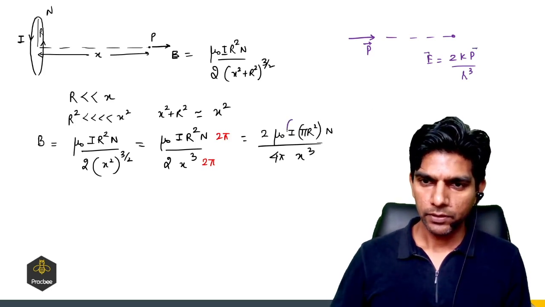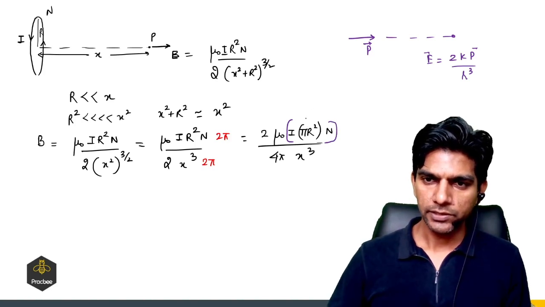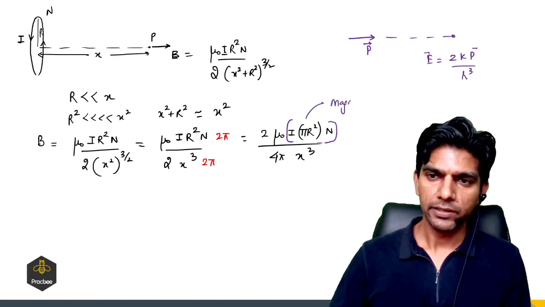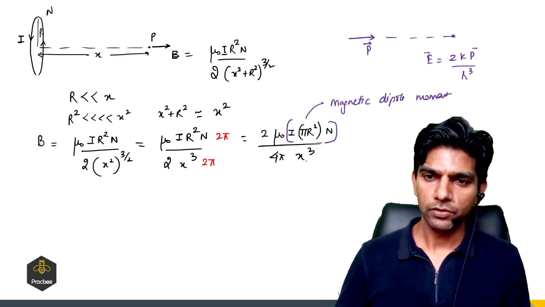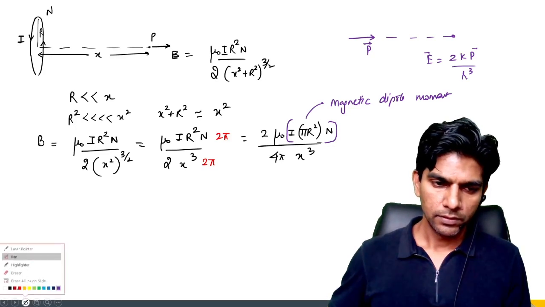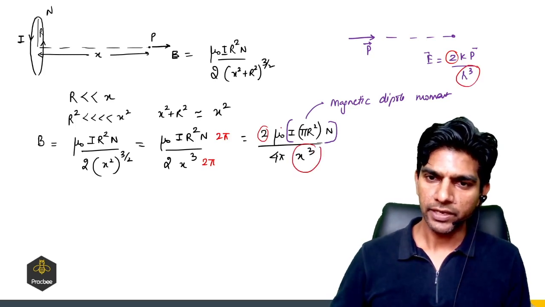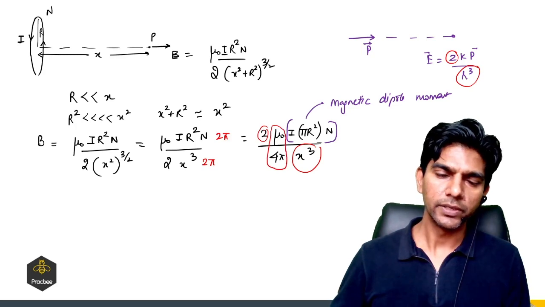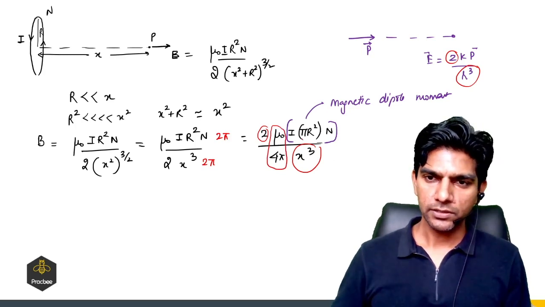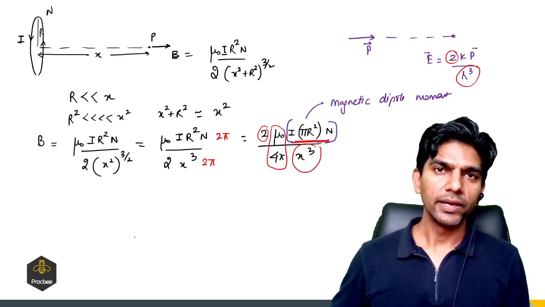Similarly, in this formula, this term is known as magnetic dipole moment of the coil. And we are also getting this 2 factor, right? So this is the 2 factor, and this is x cube. Here we have r cube, and instead of k, there is mu naught upon 4 pi, right? So this term is known as magnetic dipole moment.